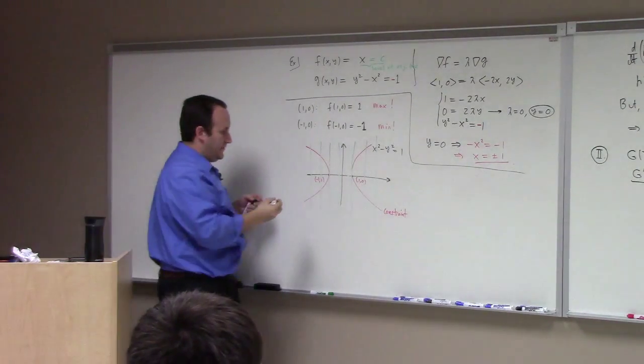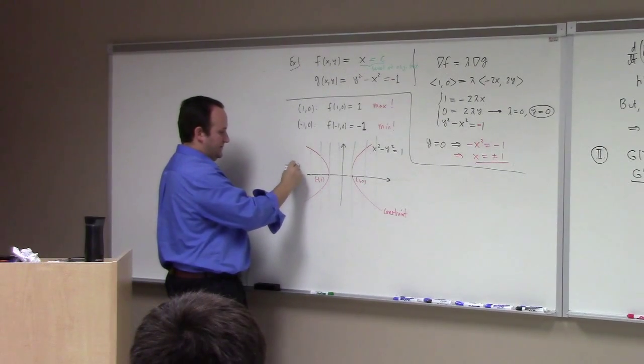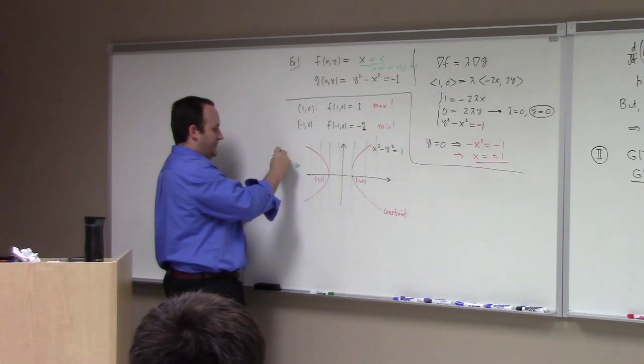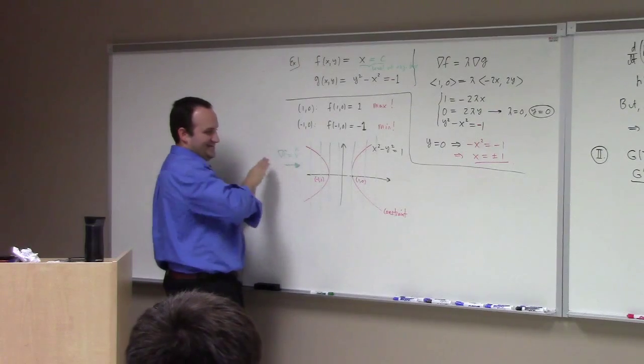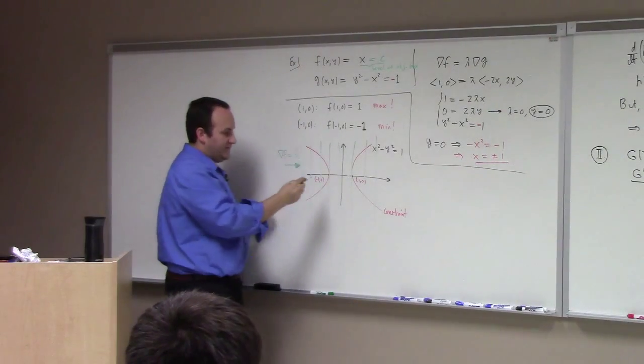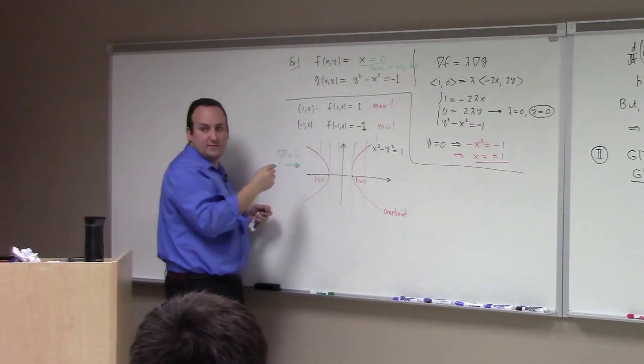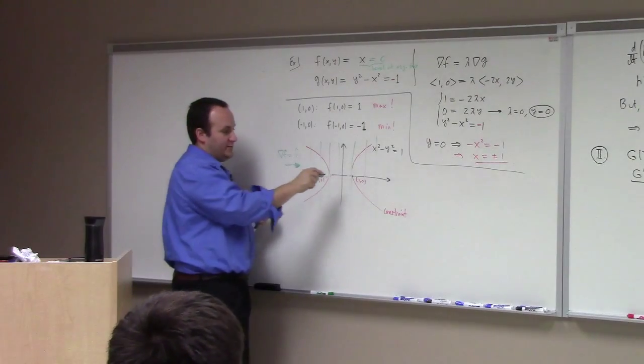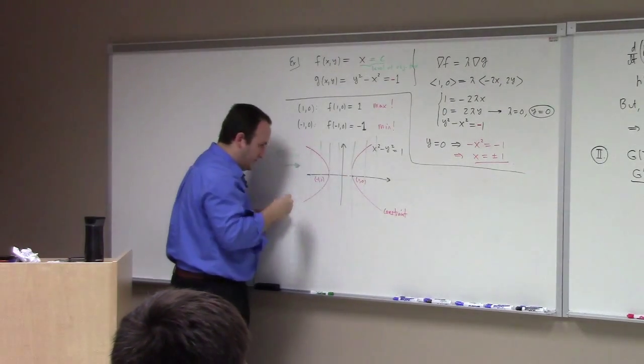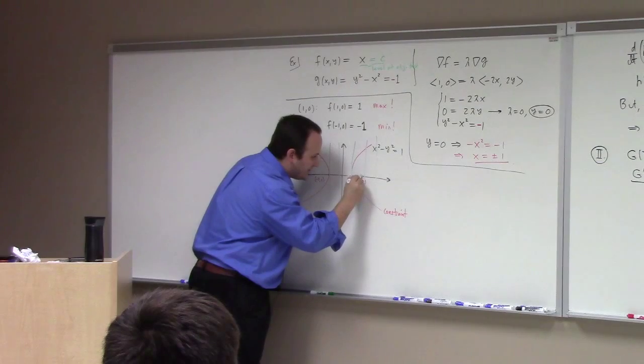Of course, the gradient of f is just x hat. At these two points, you can see why we're able to solve this. That's where the gradient of f is like this.